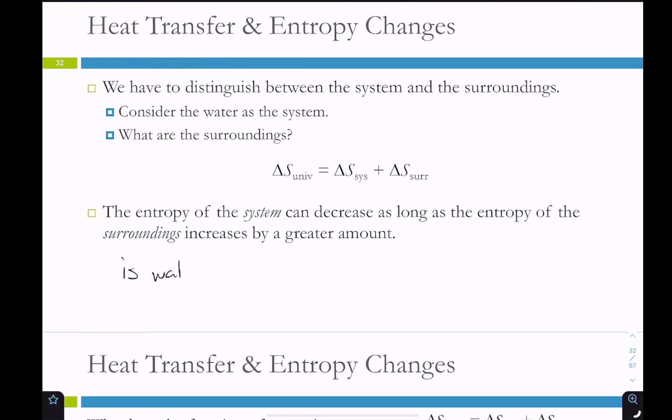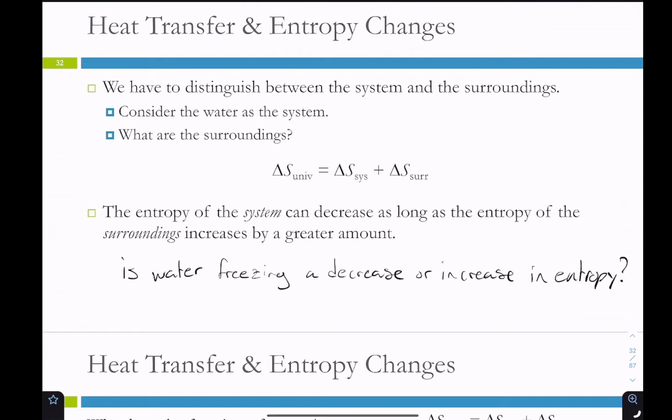Is water freezing a decrease or increase in entropy? It's a decrease in entropy, yeah. So I guess I should put more space between my question and my rambling.